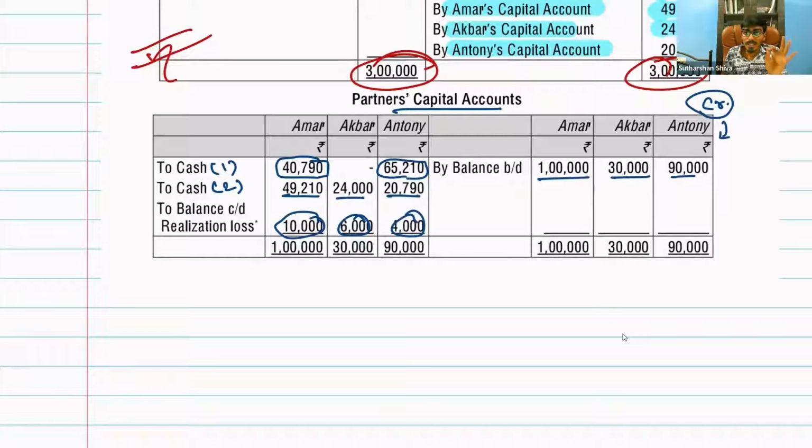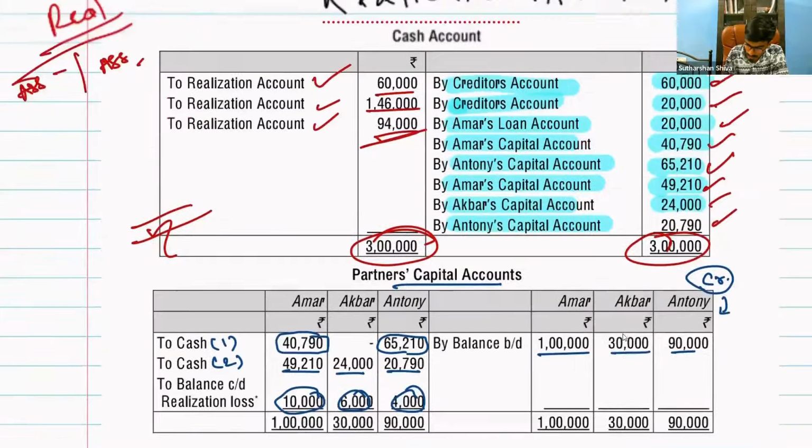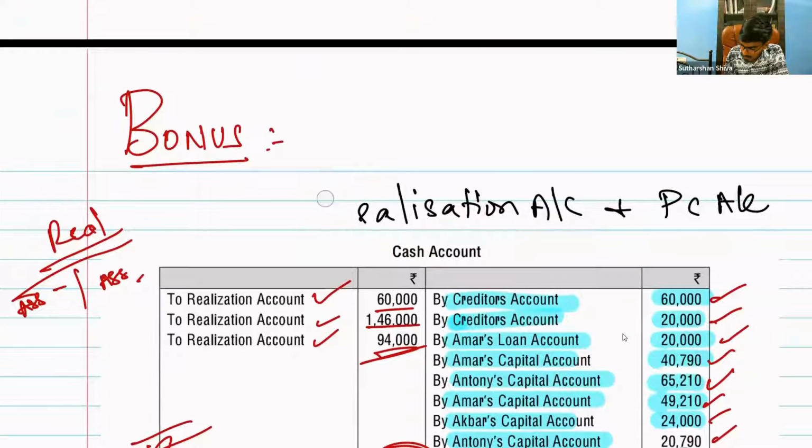Suppose in your examination, whenever the maximum possible loss method is given, and then they are asking you to prepare cash account and partners' capital account, you can prepare in this format. Here, just change it to cash account.